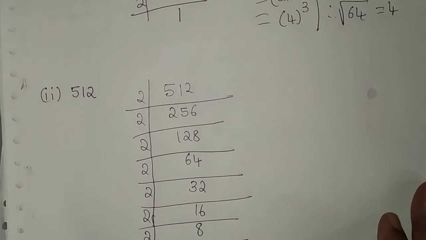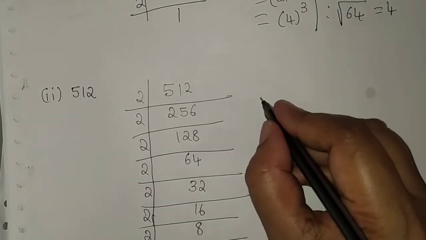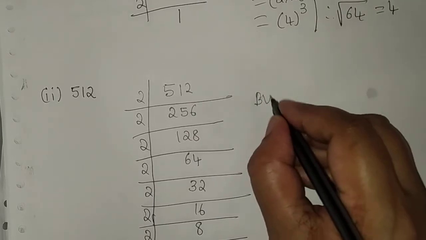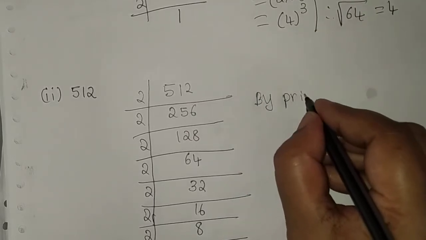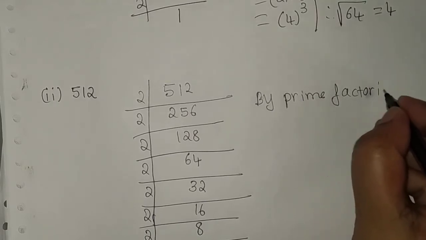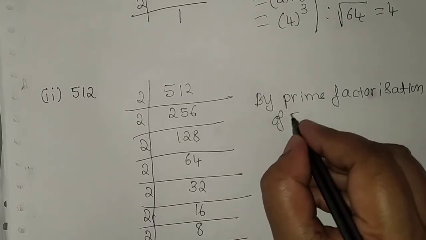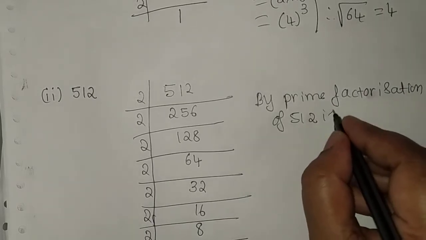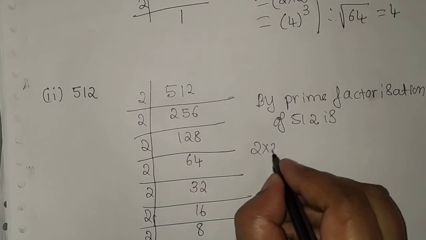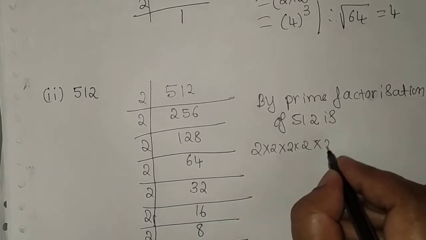Then count the 2s. There are 9 2s. Therefore write down, by prime factorization, 512 is, how many triplets? 3 triplets are there.